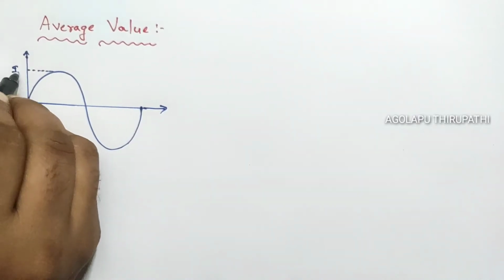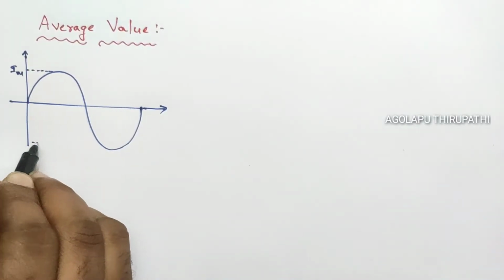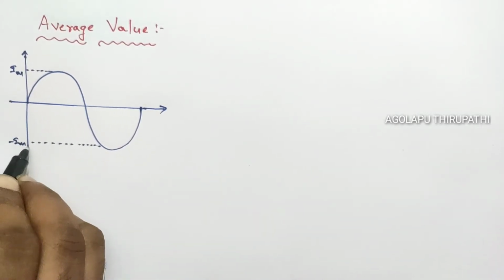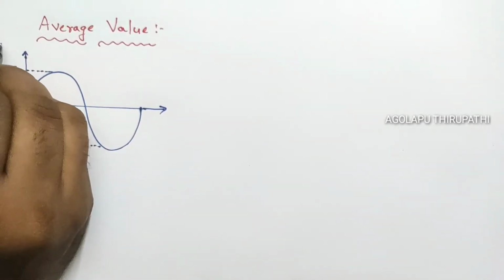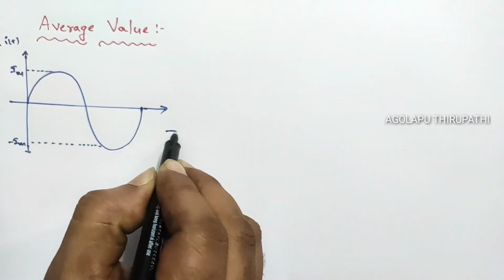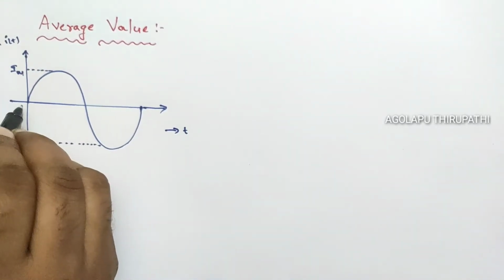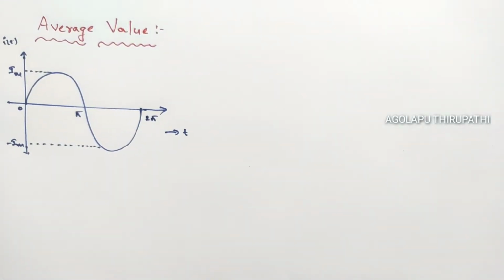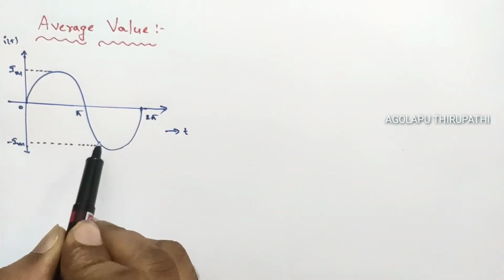Maximum value of current I am taking Im, and this is the negative maximum, minus Im. Zero, pi, 2 pi. Now I want the average value for this particular waveform.